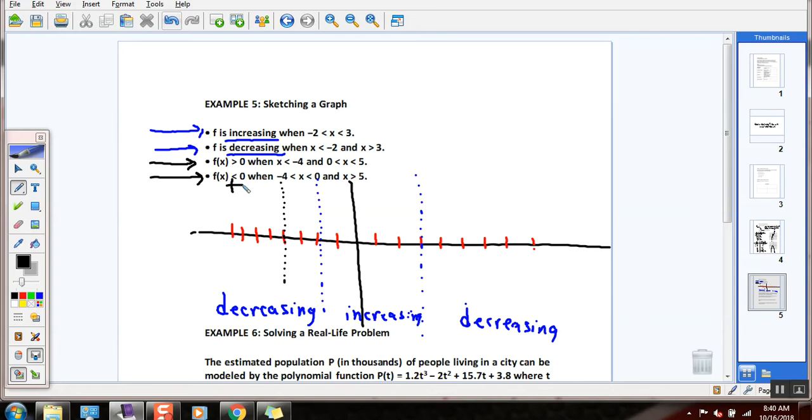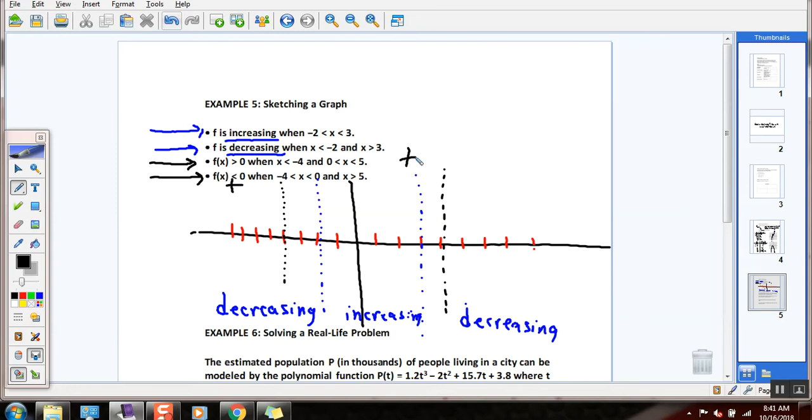And it's also going to be positive above 0 and what, kids? It's between 0 and 5. So here's a 0, and here's 5. We're going to be positive in this area. So the graph is going to be above the x-axis there, okay?